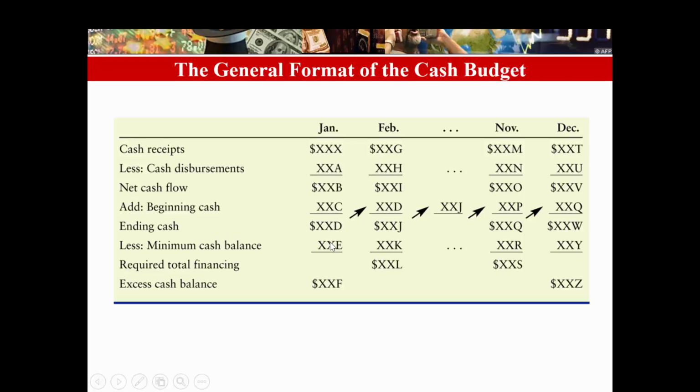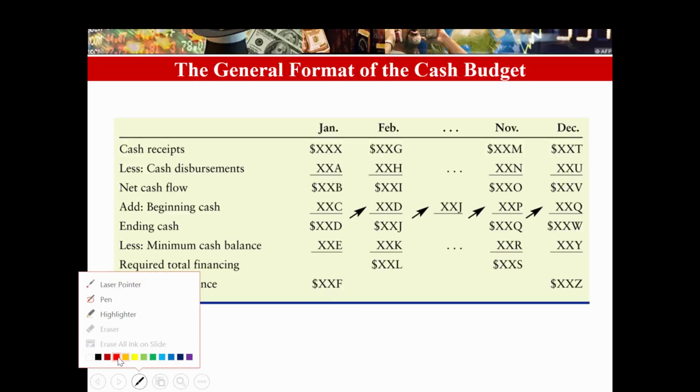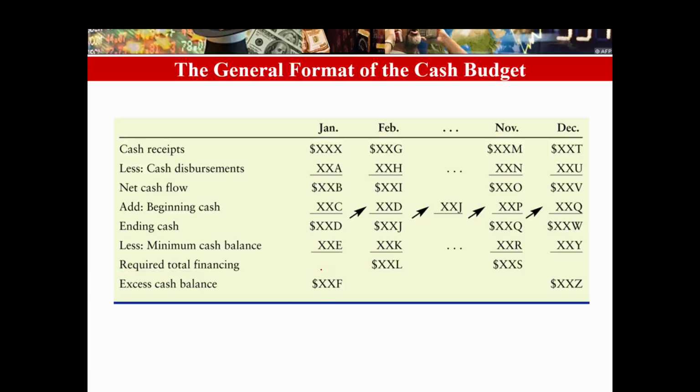If there is a surplus, that means that we have excess cash balance, which needs to be placed in a bank account or maybe invested in a treasury, a repo, or some form of interest-earning instrument.